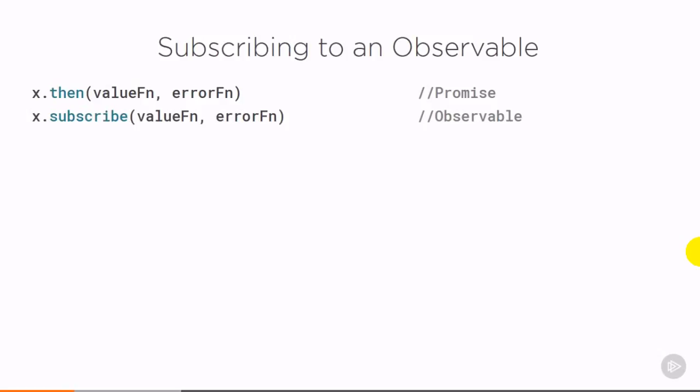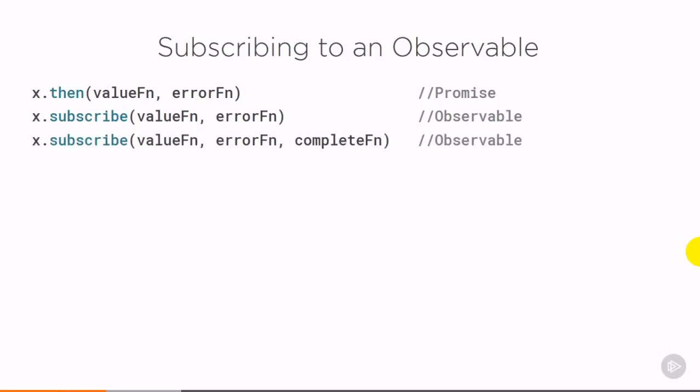Since observables handle multiple values over time, the value function is called for each value the observable emits. In some cases, we want to know when the observable completes, so observables provide an optional third handler that is executed on completion. The subscribe function returns a subscription.